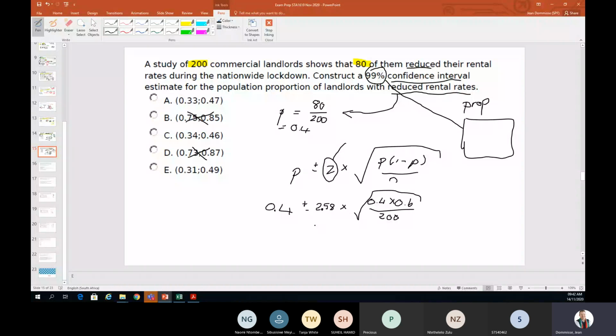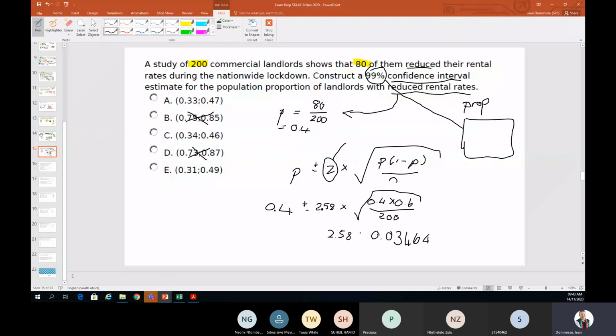Okay, so I'm first now working out this part. So 0.4 times 0.6 gives me 0.24. If I divide that by 200, I get 0.0012. If I then take the square root of that, I get 0.03464. I hate it when stuff is not nicely rounded off, but that's fine.